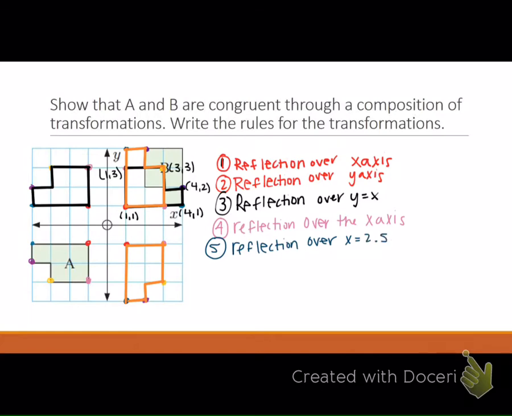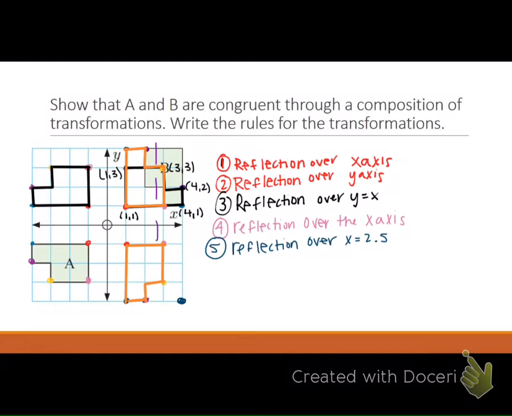That is 1.5 away, so that puts me over here. I'm sorry, I should draw the line in. 2.5 is right through the middle here. So that's half away, so that goes here.